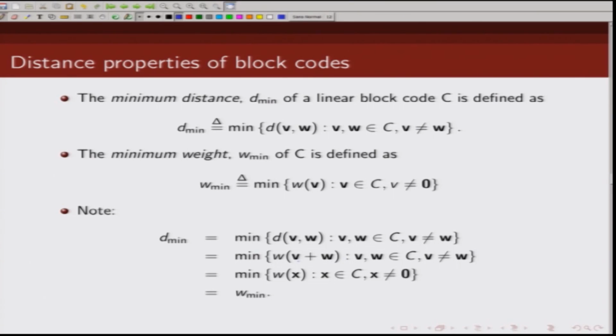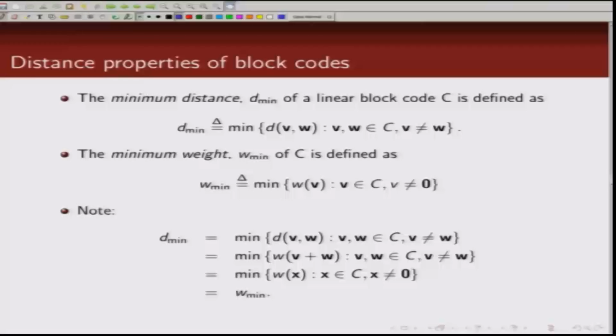Now, since we are talking about linear block codes, the sum of two code words is also a valid code word. So, v plus w is going to be another valid code word belonging to this linear block code C. So, we can write this as the minimum weight of a code word x belonging to this linear block code, where x is a non-zero code word.